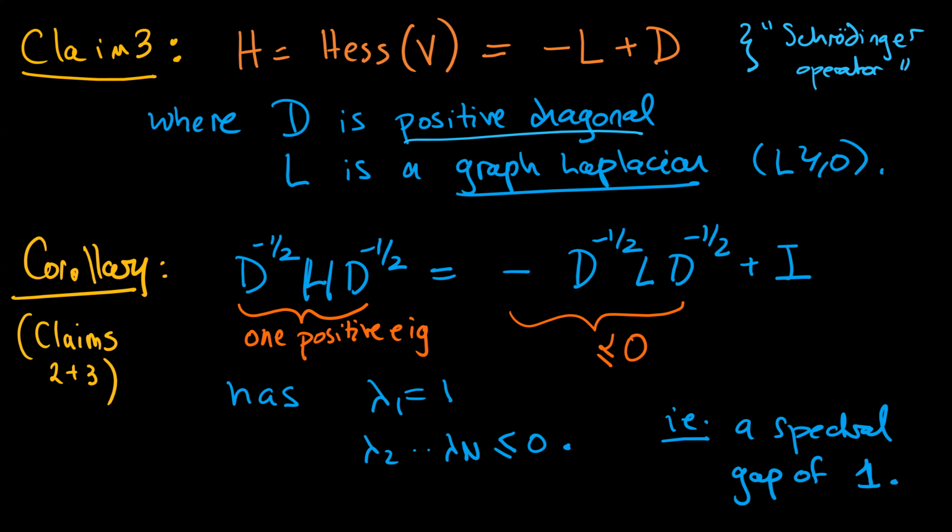We would like to scale and shift all these eigenvalues such that lambda 2 through lambda n all lie in the interval -1 to 1, as opposed to -infinity to 0. And then shift it up so that the top eigenvalue is at 1 plus some parameter gamma, as opposed to being exactly at 1.